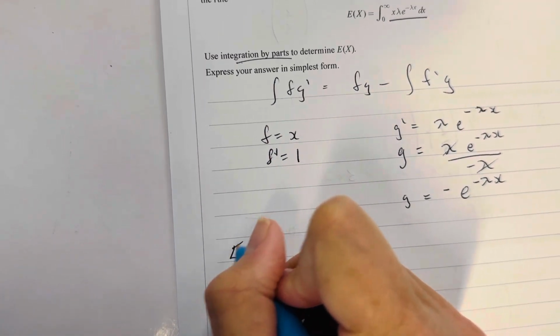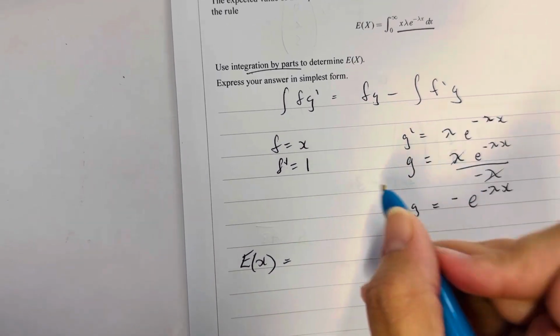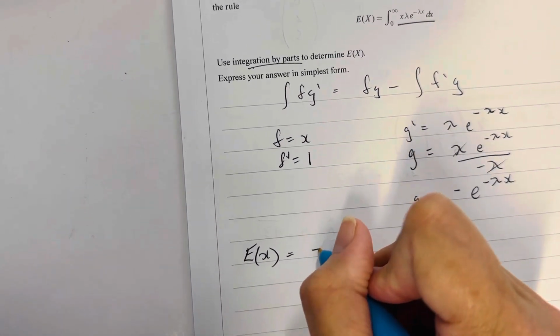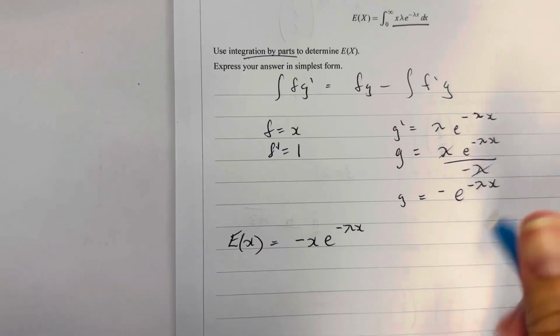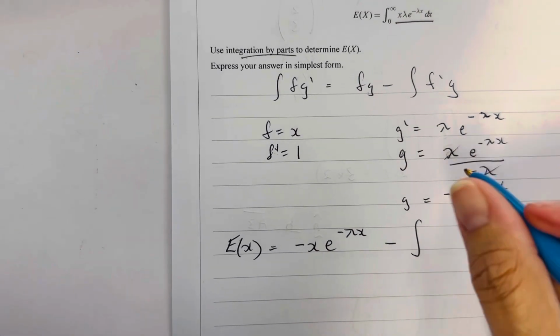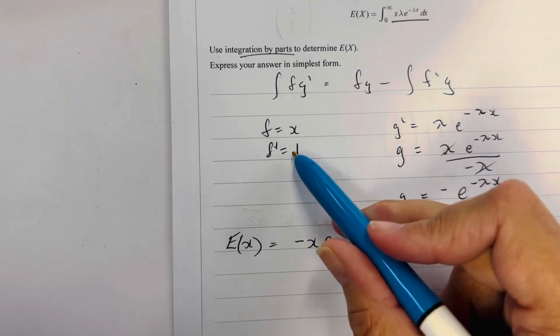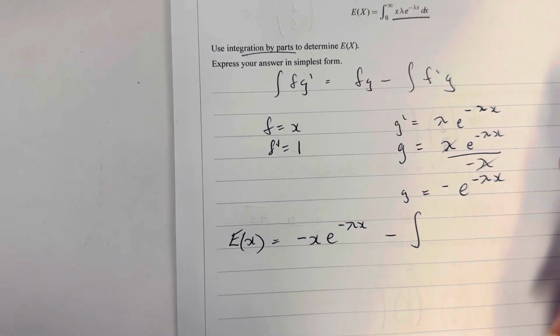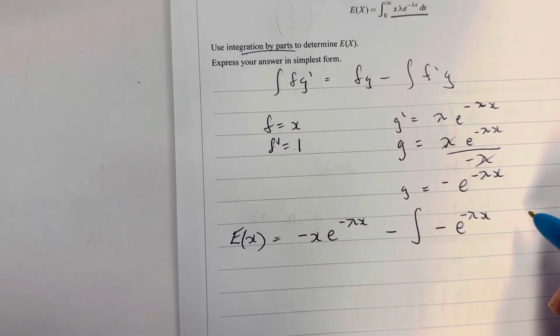So our expected value is f g, so f times g, so negative x e to the negative lambda x, take away the integral of f dash g. Now that f dash is just 1, so that's negative e to the negative lambda x.